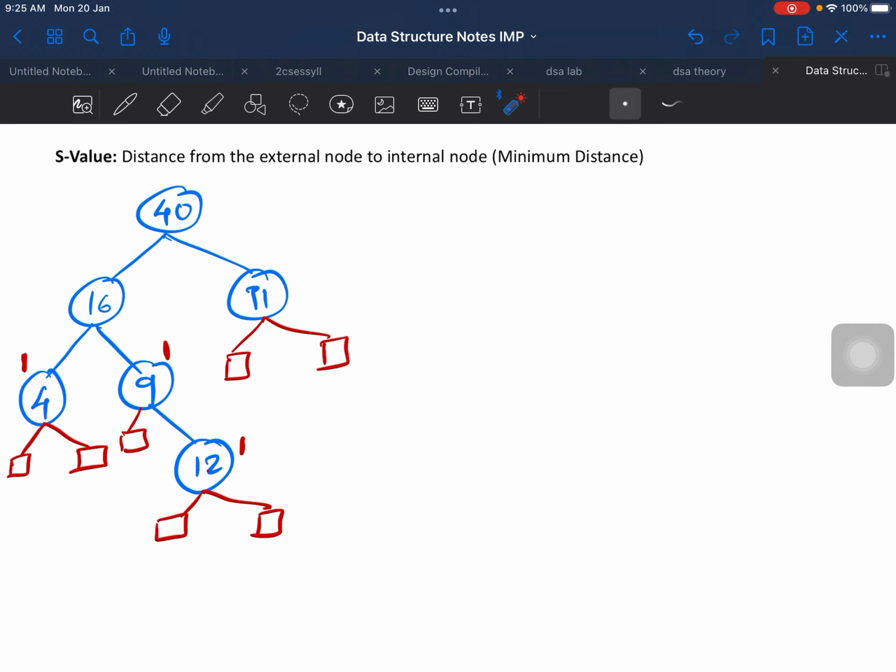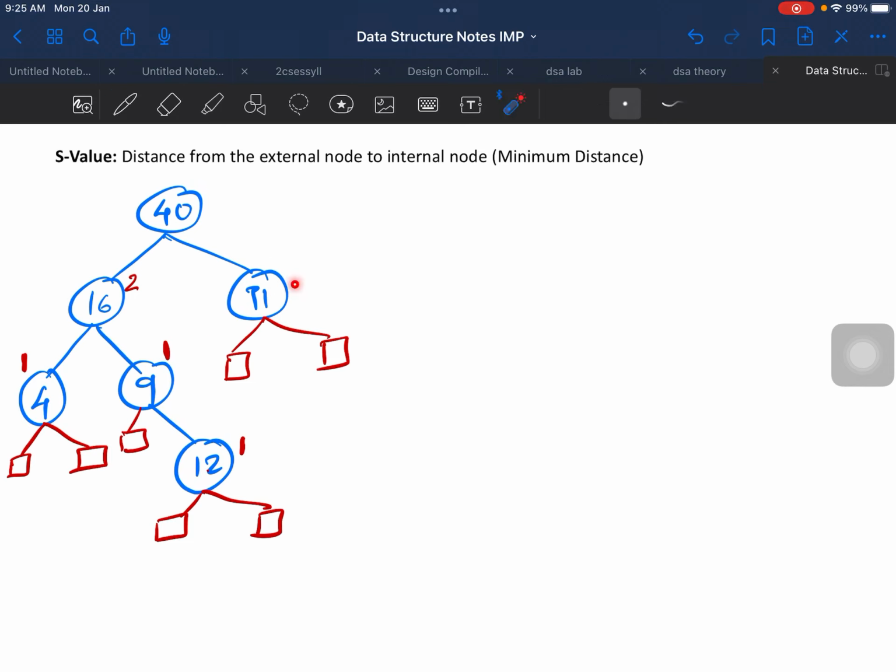Let us assume that 4 has s value 1 and 9 has s value 2. In that case the minimum value is 1. But now in this case guys, 4 and 9 both have the same s value. That's why here we can write the s value of this 16 node as minimum value plus 1, that is 2. So here you will get 2.